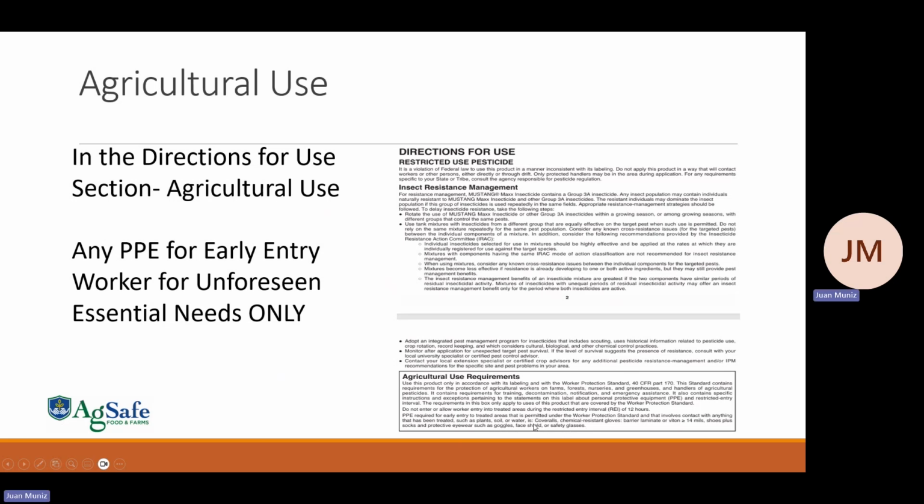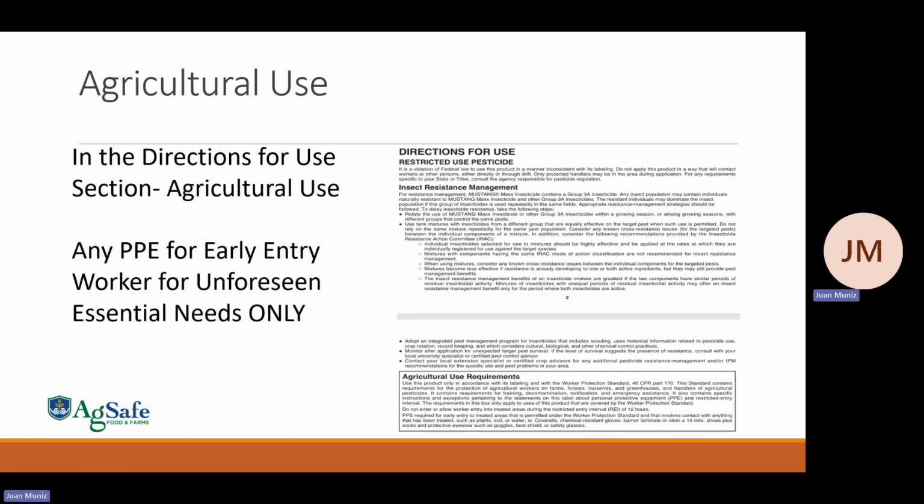So that is what you would wear if you had an unforeseen and essential need to enter that block during that 12-hour re-entry interval. The only two items that come to mind that would be unforeseen and essential, there may be others, but the most common are a leak in the irrigation system.